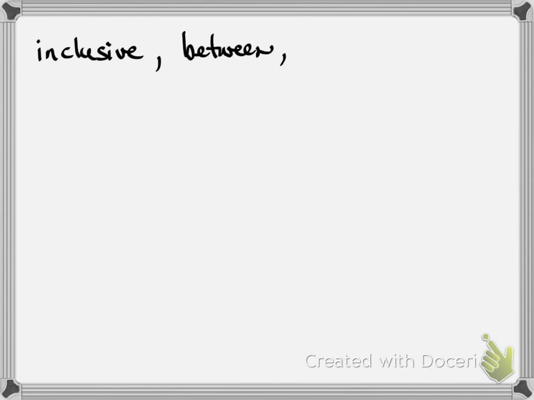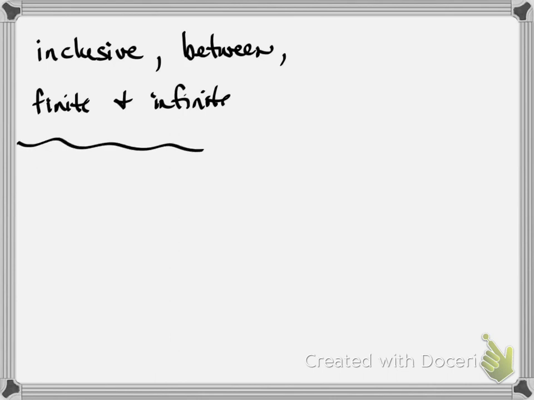And then, another thing you want to look at is finite and infinite. Just make sure you know the difference between those. And then you want to be able to answer questions, like answer true or false, if I give you a set and ask you some questions about it.